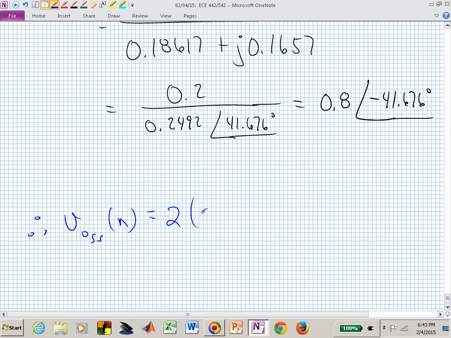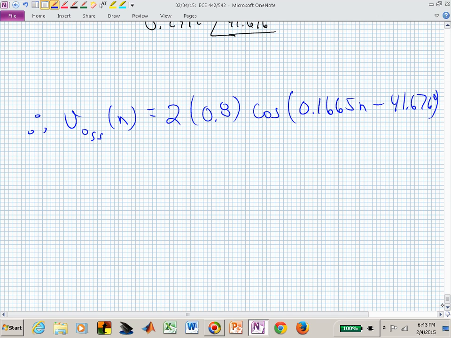This is 2 times the gain at that frequency, cosine of 0.1665 minus 41.676 degrees, or this is now 1.6 cosine.